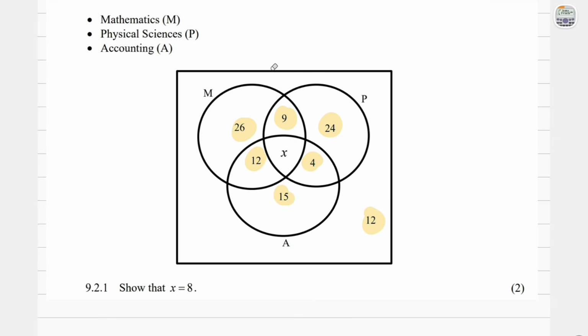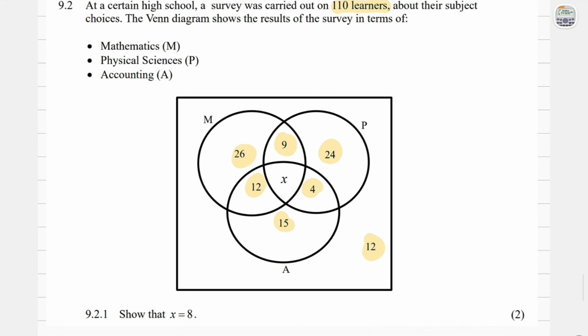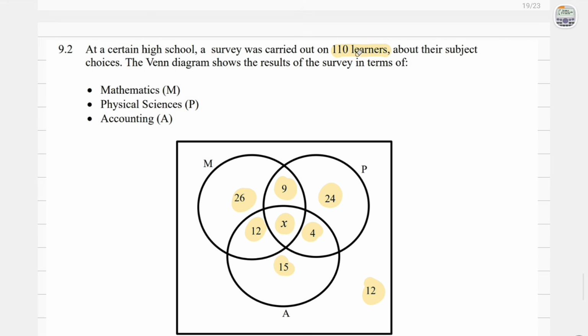Well, you could take the total that everything would add up to, including the x, okay? And that would be the total. We know that there are how many students in this survey? There are a total of 110 learners. So when we add up all the numbers, including x, it should give us 110. And so to find out the missing x, take 110 minus everything here. And then that will give you x.